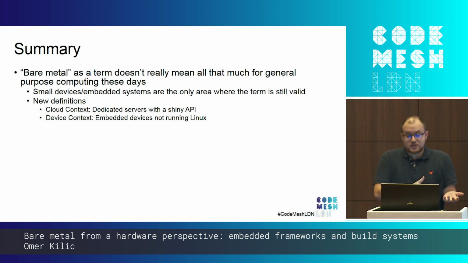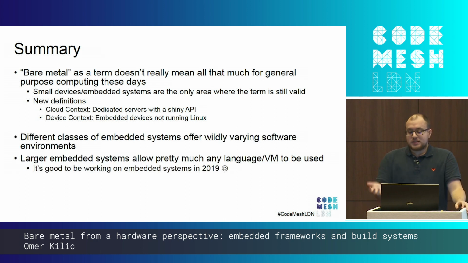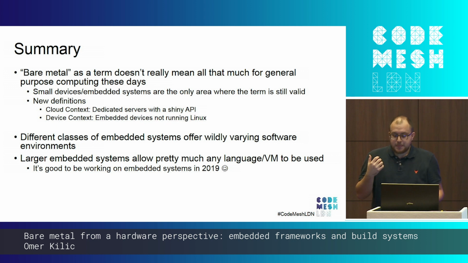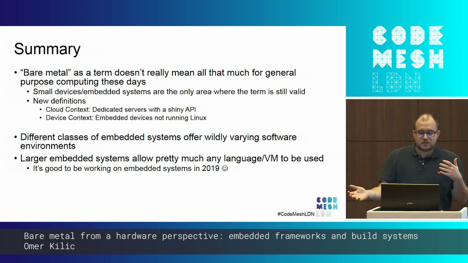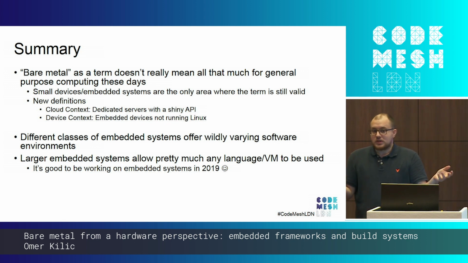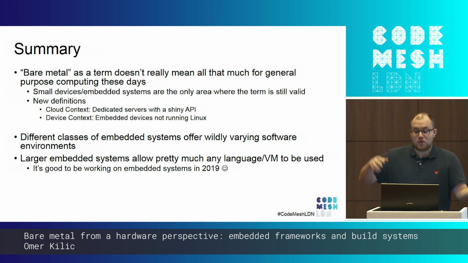And in the device context, let's just think of it as small devices not running Linux. On the embedded system side of things, there is quite a difference between what you can do, because you could literally be dealing with a 4-bit CPU or a 64-bit embedded Linux system.